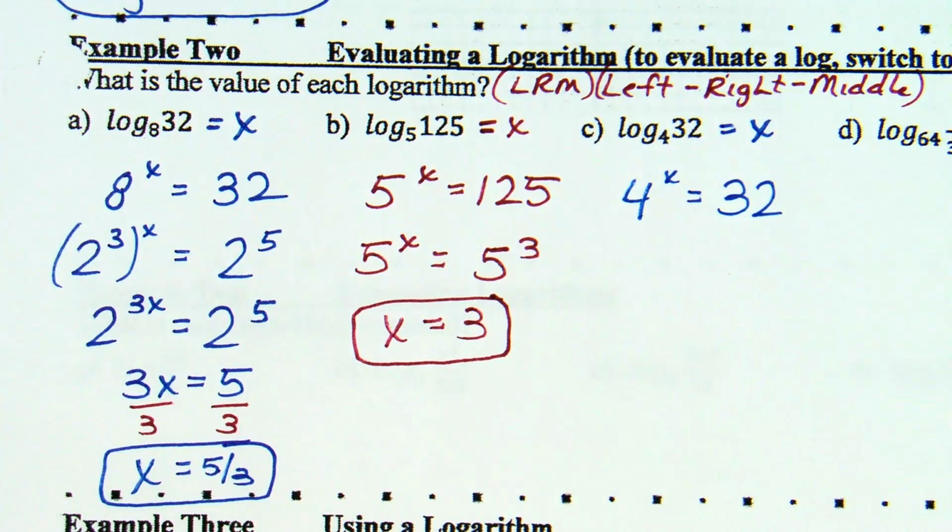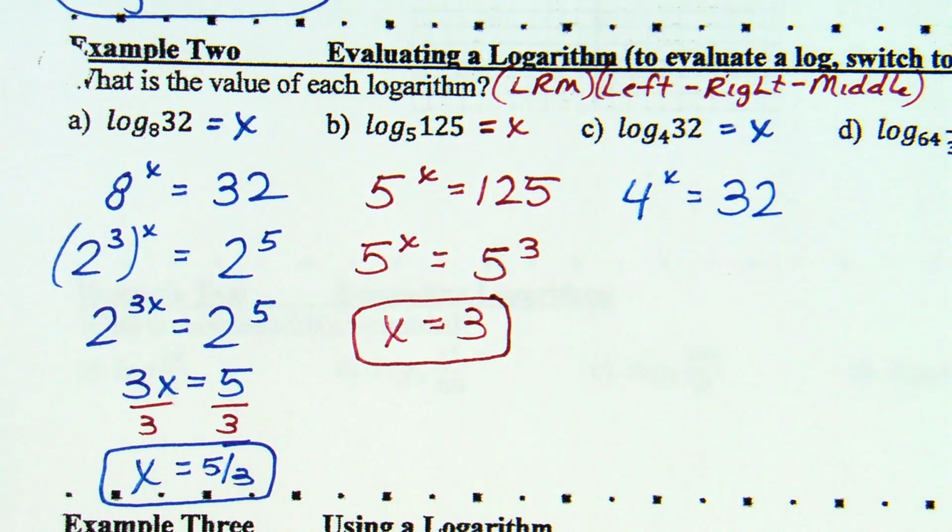So 4 and 32. How can I rewrite 4 and 32 so that they both have the same base? Is it easier to figure out now with the paper in front of you? What am I looking for on this paper? Where 4 and 32 are in the same column, yes?